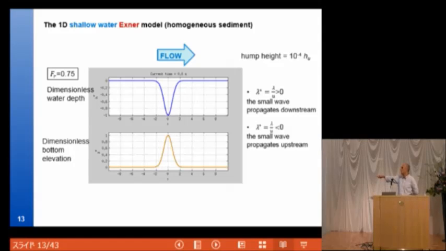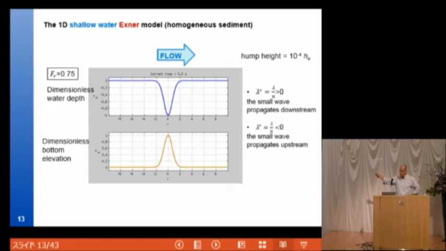If lambda is greater than 0, it means that a small wave propagates downstream. So if you let them interact, these waves travel in some directions, and these roots give you the information on where they travel, downstream or upstream.